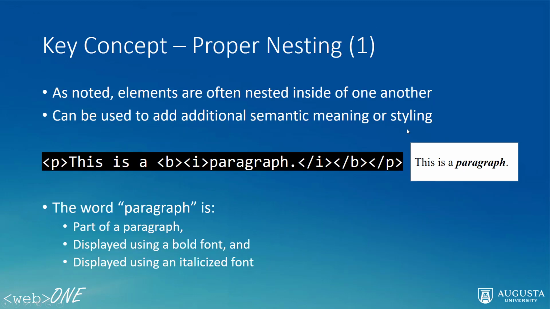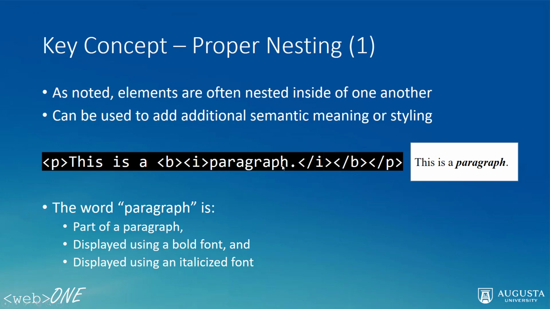The next concept is proper nesting. As you have seen in an HTML page, we nest elements a lot. Nesting elements allows us to create more complex views and add additional semantic meaning and styling to our content.